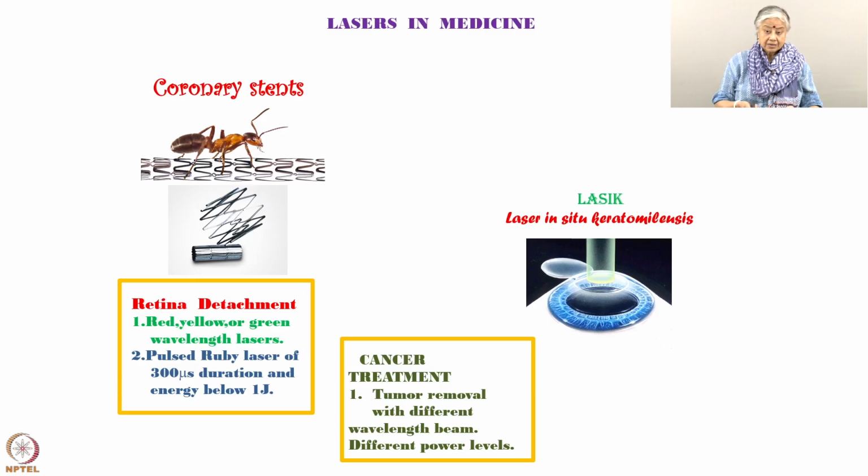And another important one, in continuation with the eye operation, is the retinal detachment. How to cure retinal detachment? In fact, you have to attach the retina back. The retina gets detached from the tissues on which it is lying, and you have to attach it back.